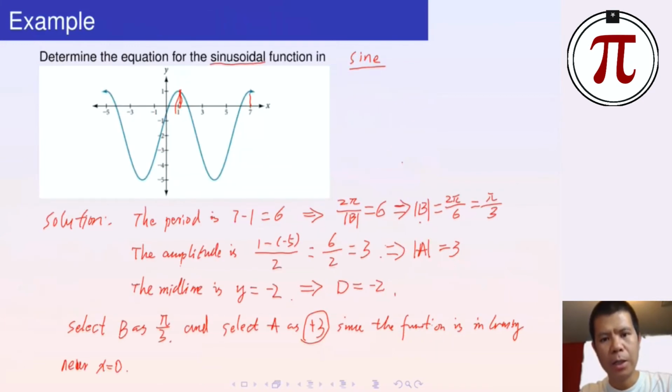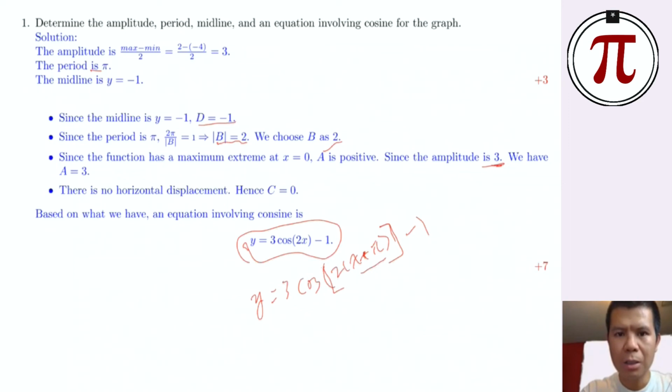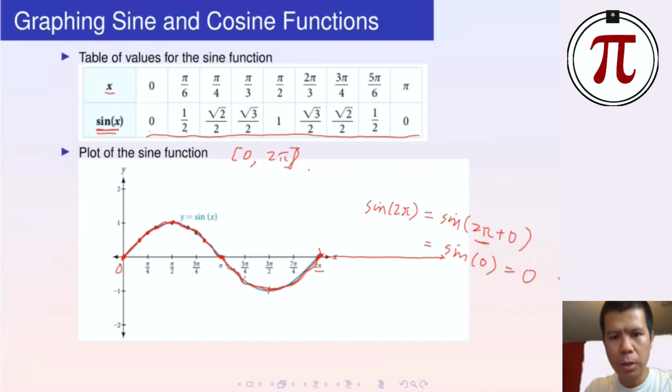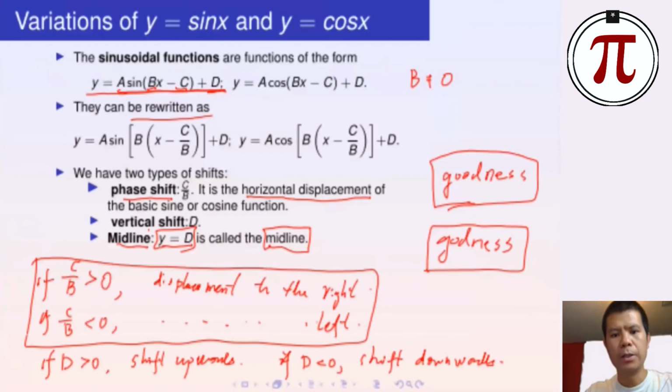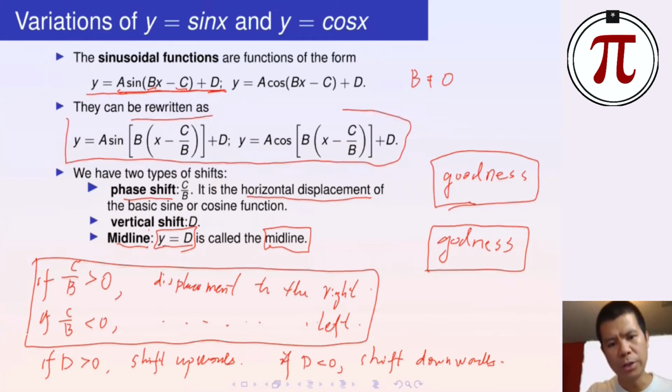Okay, so the leftward shift is based on, just one second here, this one. So for this shift, we need to use this form instead. Because C over B, by definition, is the phase shift. Yes? C over B is the phase shift.